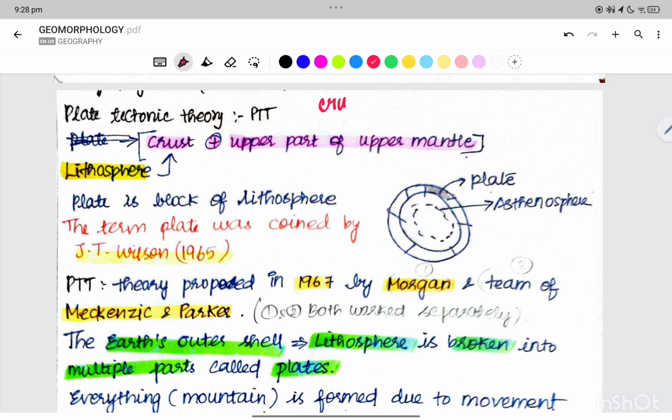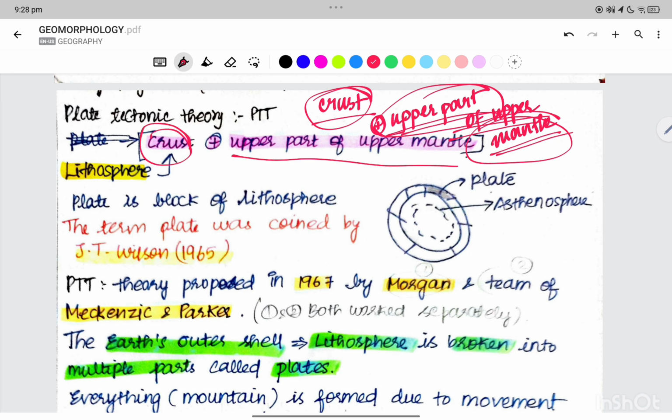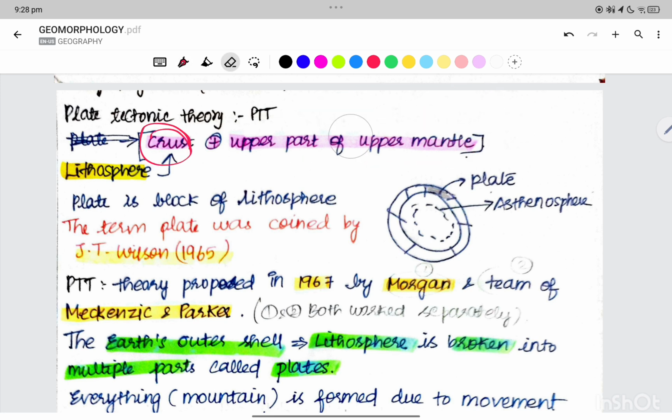Lithosphere is nothing but the crust plus the upper part of the upper mantle. This is what the lithosphere is.